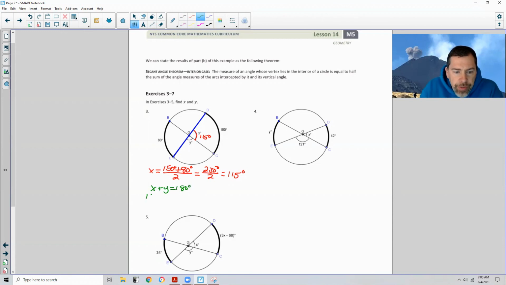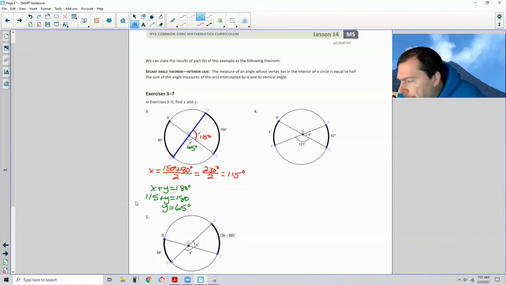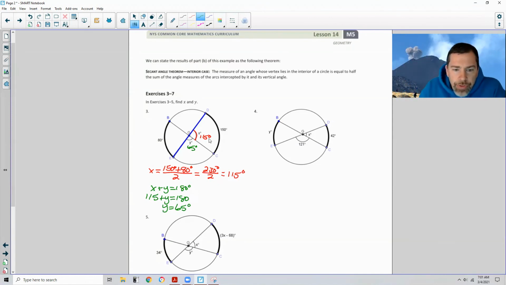Substitute in 115 for X. Subtract 115 from 180, and it's 65 degrees. So 115 degrees, 65 degrees. Okay, and we're just going to keep doing that.